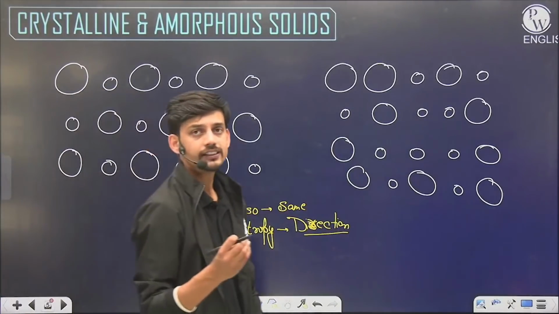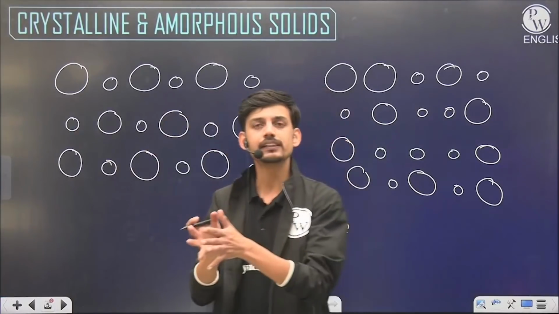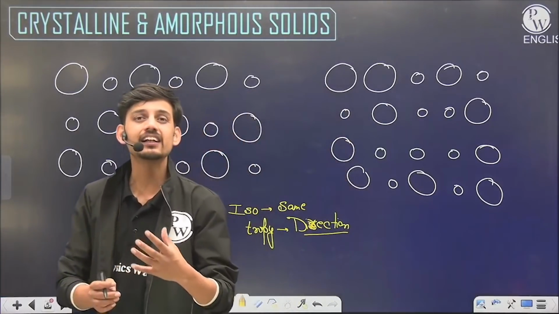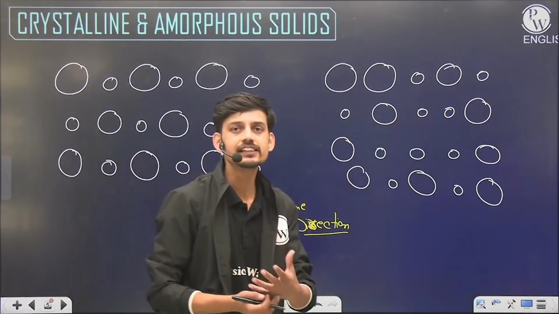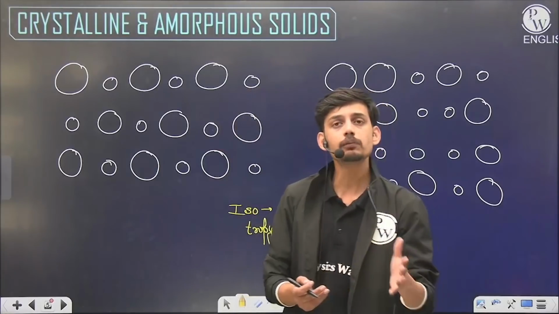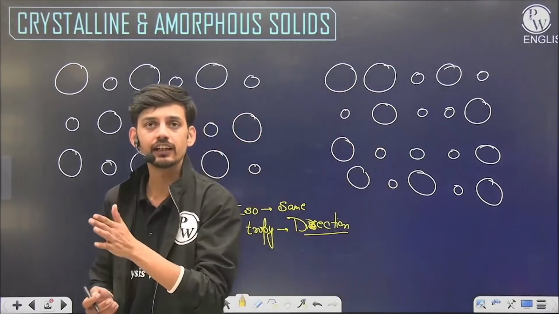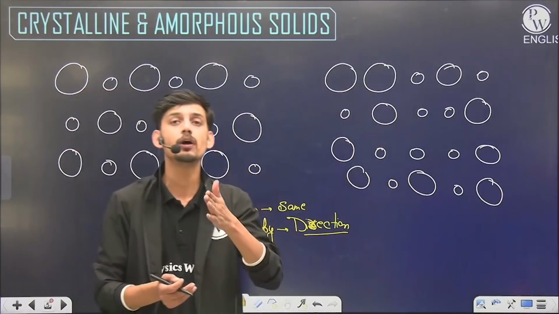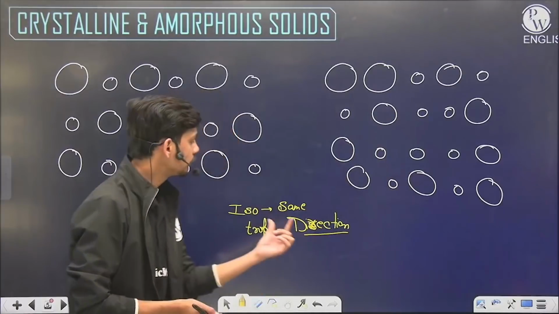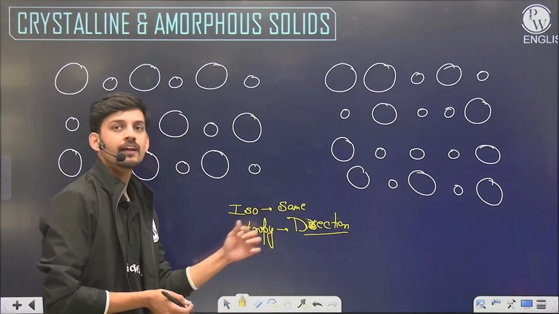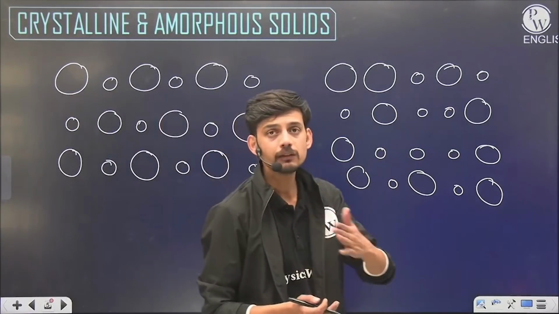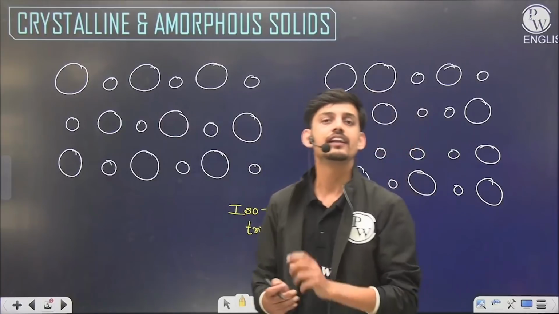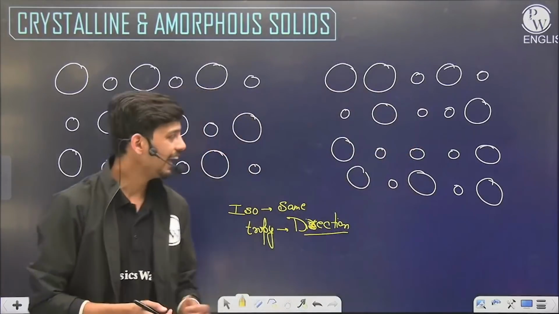So those solids which have the same, identical physical properties like refractive index, tensile strength and other properties in all directions will show isotropy. And if the solid has different properties in different directions, then those solids will have anisotropy.